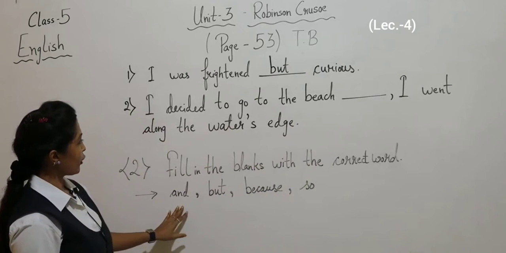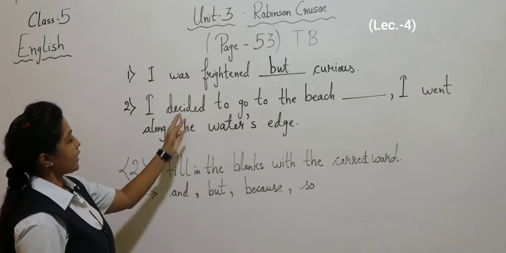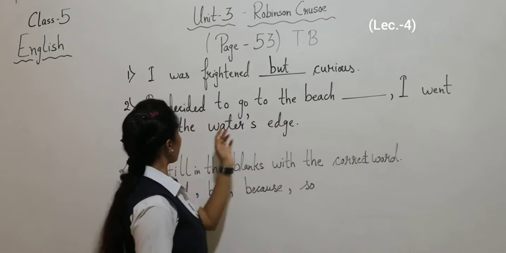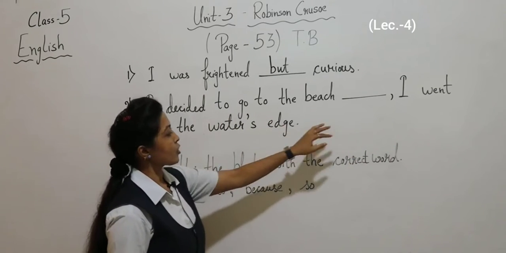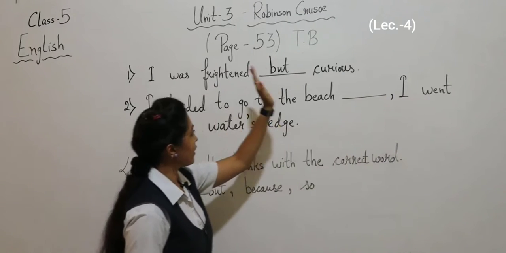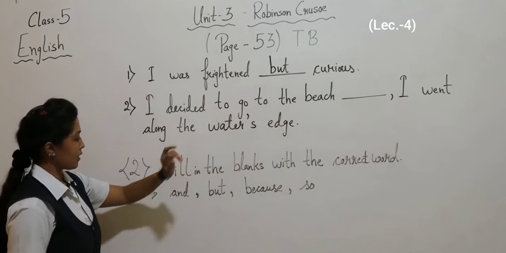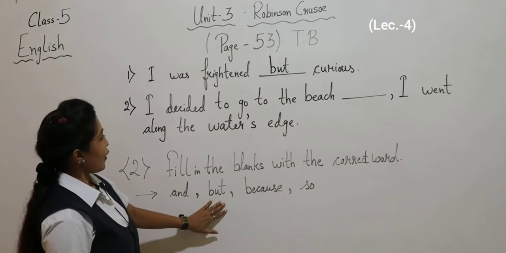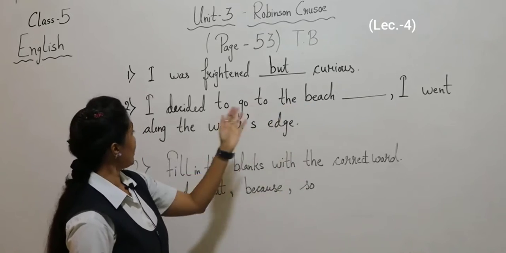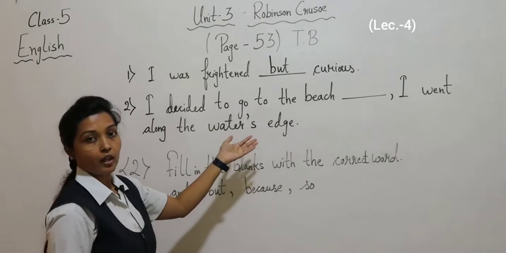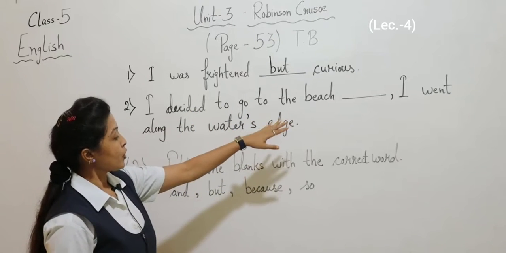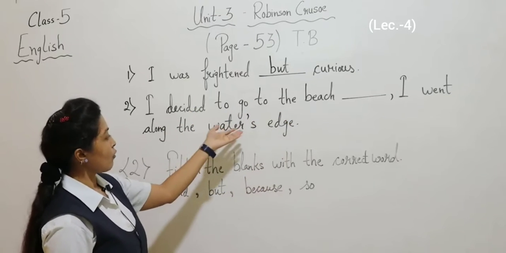Now, if I put it over there, I decided to go to the beach and I went along the water's edge. No, here the comma is given, so this sentence is related with this sentence. Yes or no? If I put it as, I decided to go to the beach, but I went along the water's edge, does it have any meaning? No. I decided to go to the beach because I went along the water's edge.